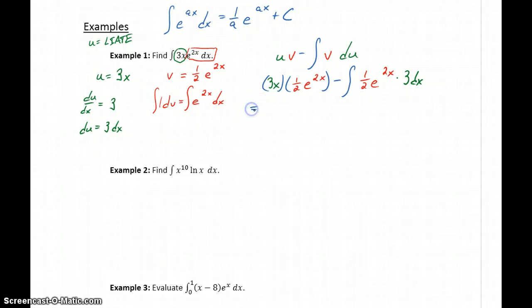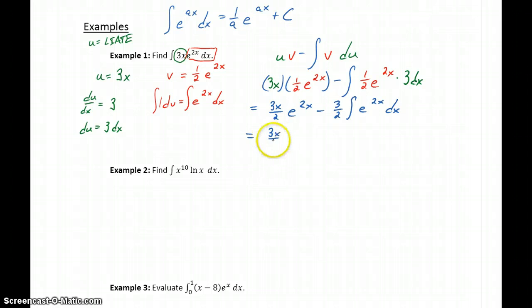So we can rearrange this a little bit. This will become 3x over 2 e to the 2x minus, the 3 times 1/2 is just a constant multiple, so minus 3/2 times the integral of e to the 2x dx. So now we're down to just integrating e to the 2x, which we could do with substitution, or again, take advantage of this formula that we just introduced.